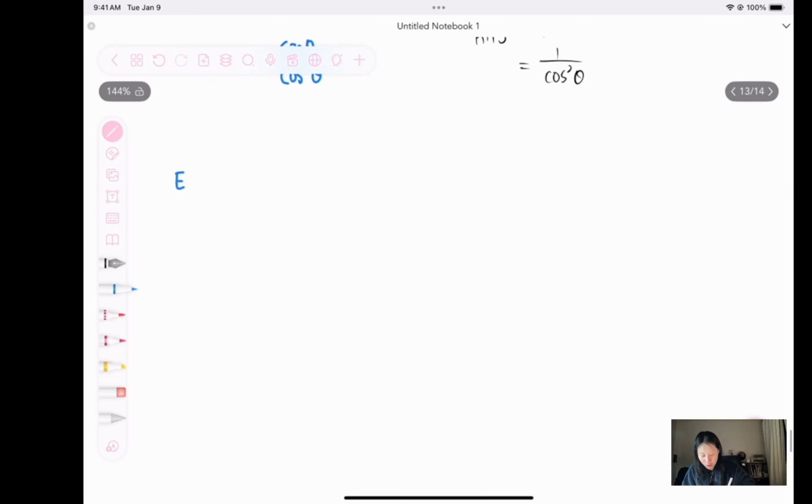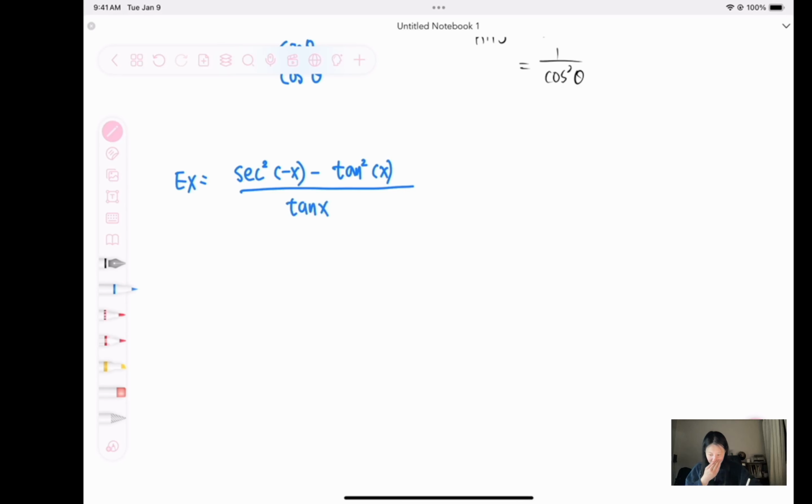So the last example that I got is secant negative x minus tangent square over tangent x, times 2 plus tangent x over 2 plus cotangent x, minus 2 times sine square equals cosine 2x.